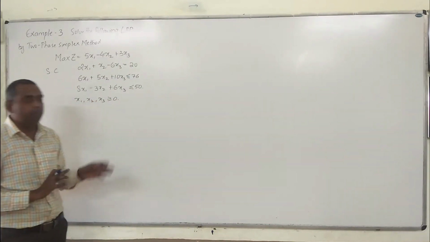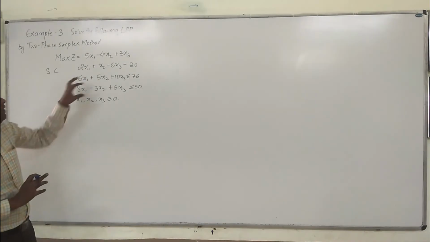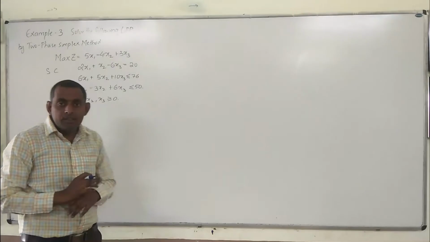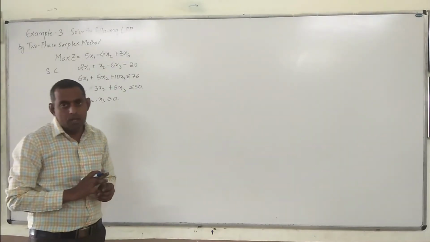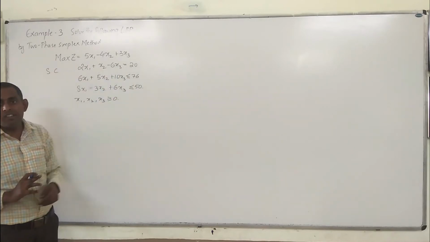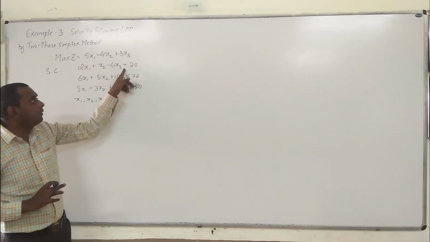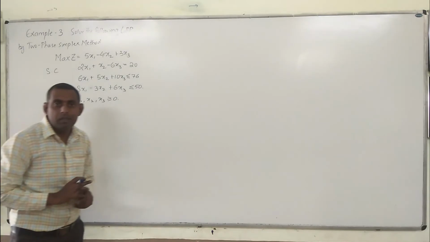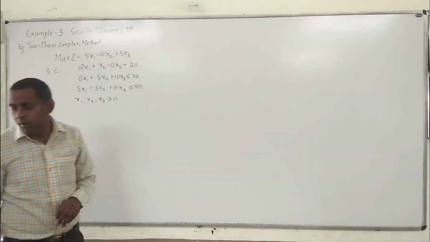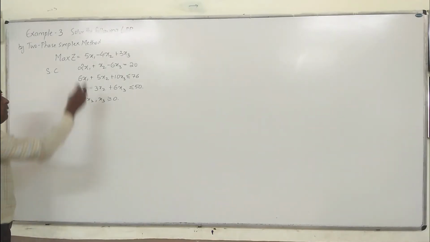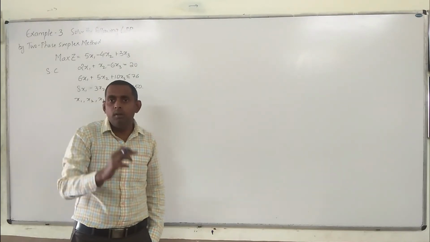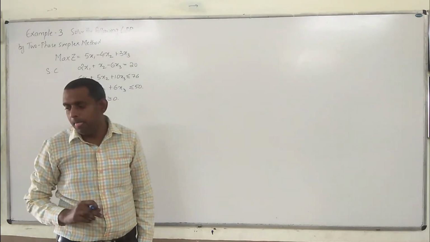Fine. But looking into this LPP, we can judge that it is not in standard form. Not only that, one of the constraints is an equality constraint. So what are we supposed to do? First of all, we have to make this LPP into a standard LPP.